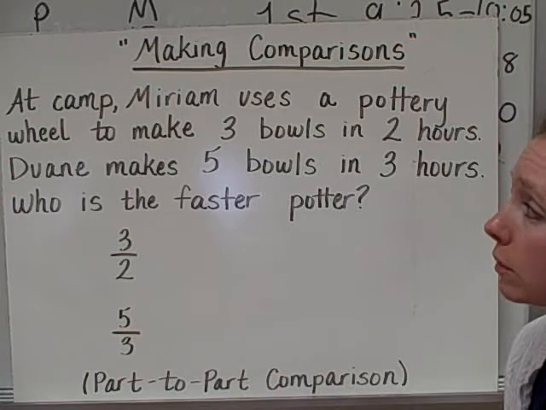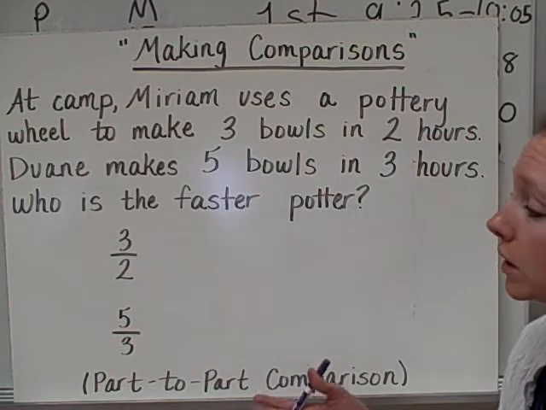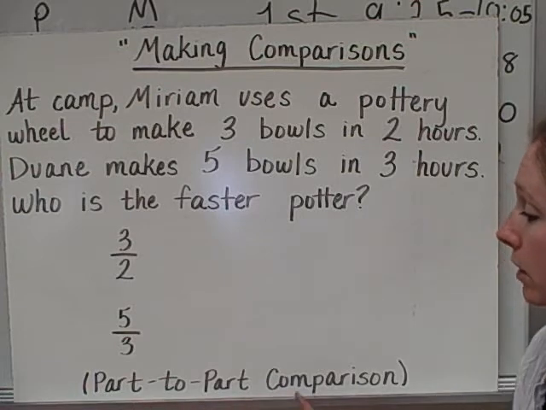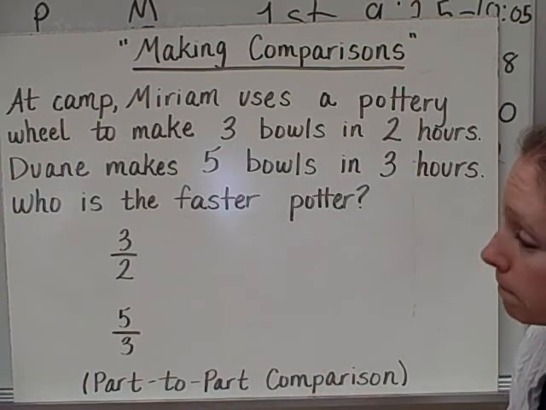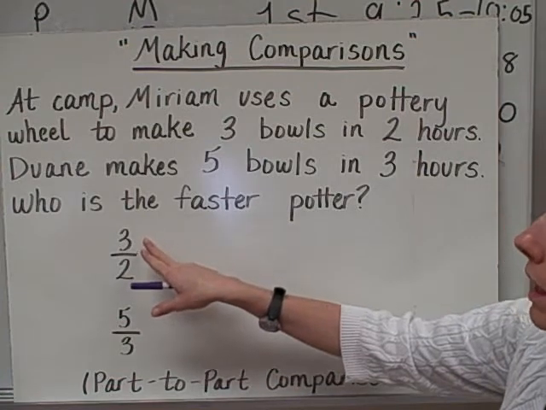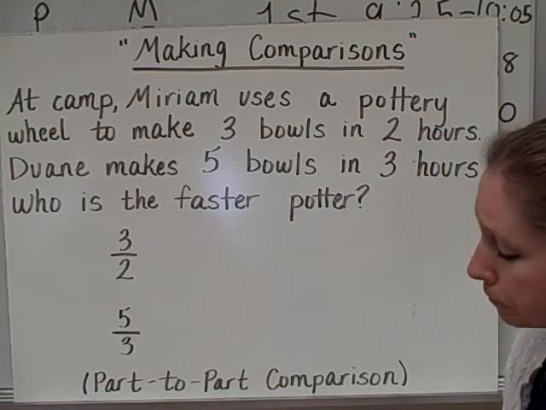To help us to compare Miriam and Dwayne's speeds at making bowls, we can make what's called a part-to-part comparison. We're going to compare between the two people how many bowls they make and how many hours. So this is why it's called a part-to-part comparison.